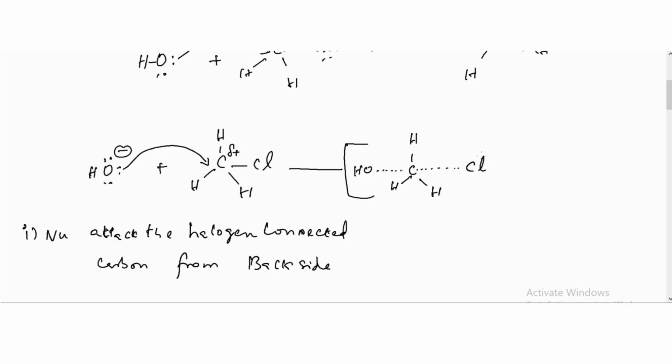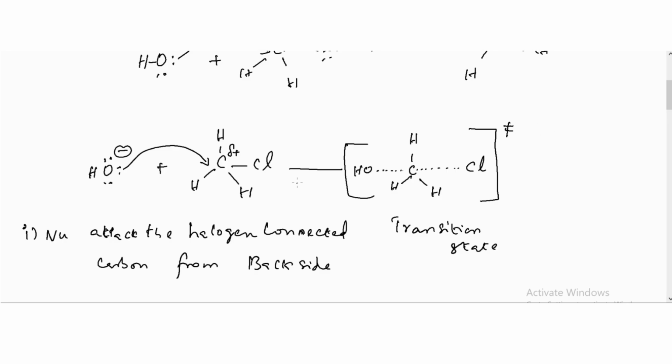Whenever any compound is represented with square brackets and this double dagger symbol, this is called a transition state. If you see in the transition state, you see the halogen and the OH.